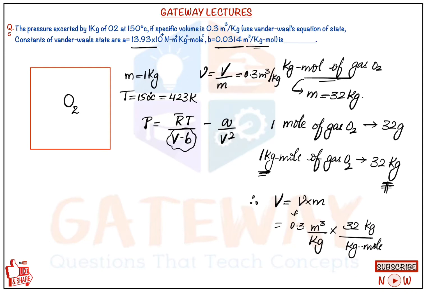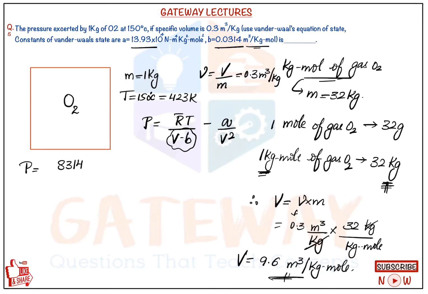Here kg and kg will be cancelled, and from that we will get the volume as 9.6 meter cube per kg mole. This will be used in the equation. From that we will substitute all the terms given. R bar value is 8314.